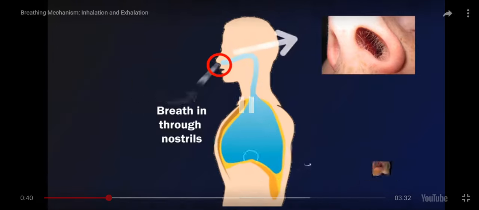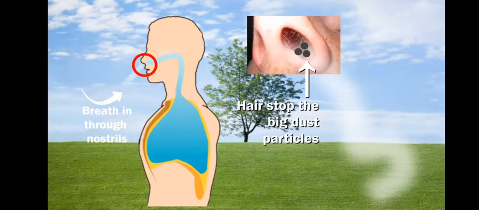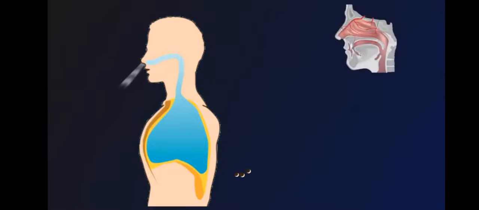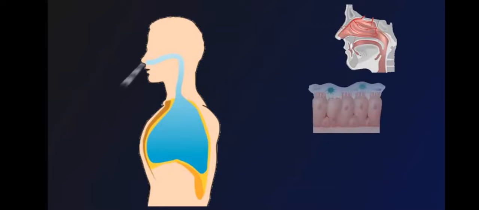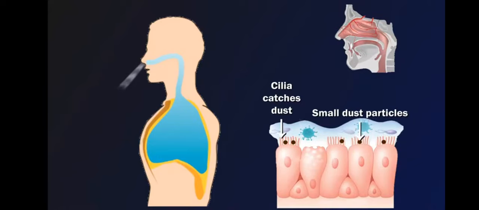As we breathe in, different gases in the surroundings with big and small dust particles enter through the nostrils. Hairs in the nostrils stop the big dust particles. As the remaining gases including small dust particles and microbes reach the nasal cavity, microbes get removed by mucus, and cilia remove the small dust particles.